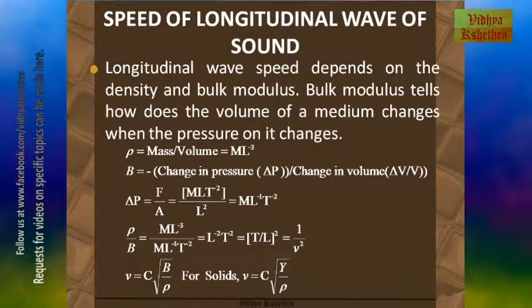Hence from this we can say that v, which is the velocity of the longitudinal wave, is equal to c into root of B by rho, where c is a dimensionless constant. This is the case for fluids. In the case of solids, the bulk modulus is replaced by Young's modulus Y.